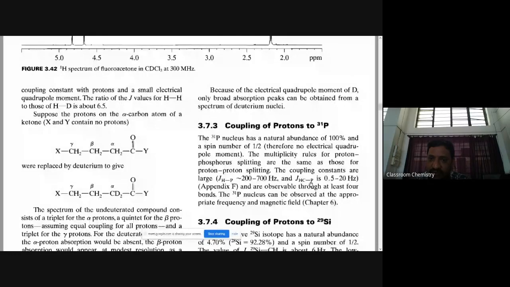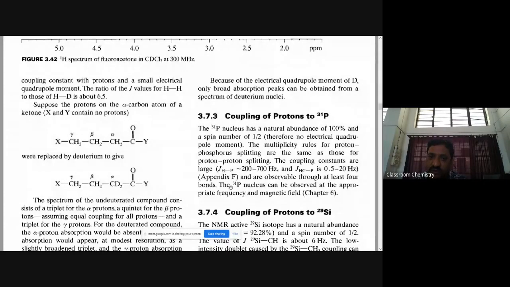But what is important here? You have to always keep in mind that the multiplicity rule for proton-phosphorus splitting is the same as that of proton-proton splitting, and it is observable through at least 4 bonds. The phosphorus nucleus can be observed at the appropriate frequency and magnetic field.